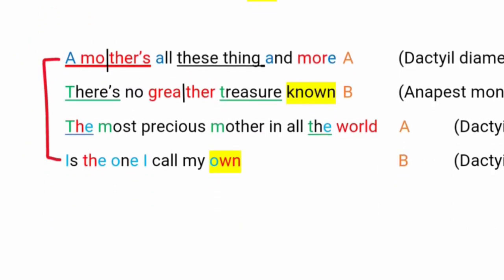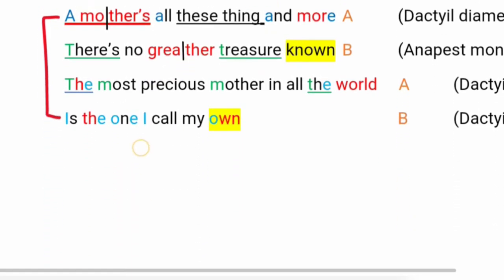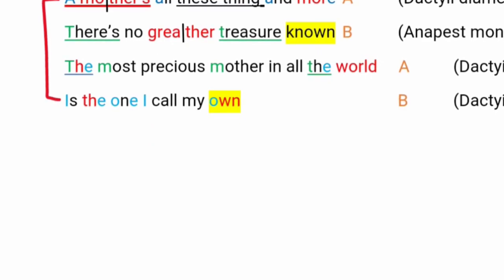And we move to the second stanza. In the first line, it has a dactylic dimeter like in the first stanza, but in the second line it has an iambic monometer. Why?